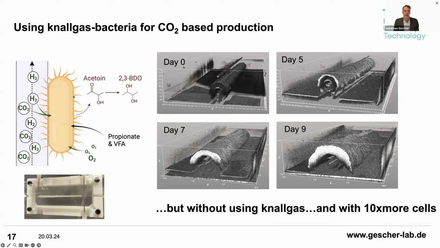The general benefit is that we can supply hydrogen and CO2 via the membrane, and this gives a selective pressure for us as operators of these reactors so that the organism sticks to the surface because it needs the hydrogen and CO2. And we have oxygen coming from the bulk phase.